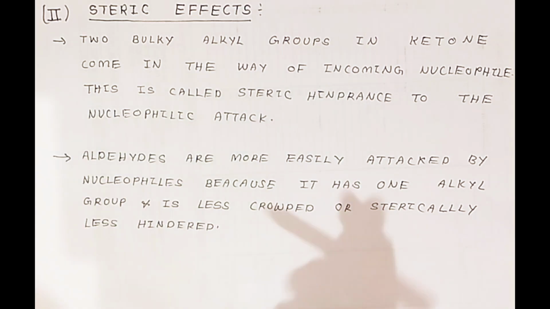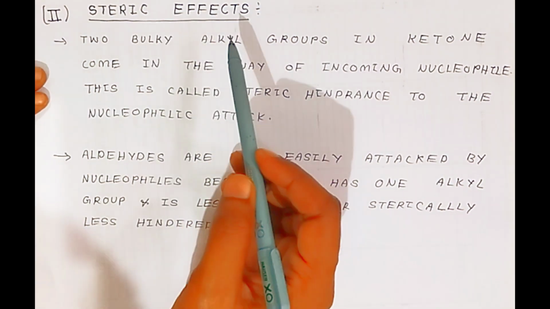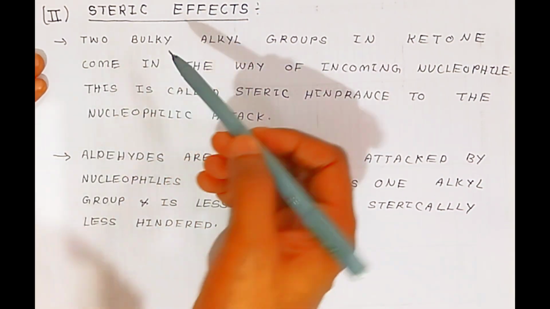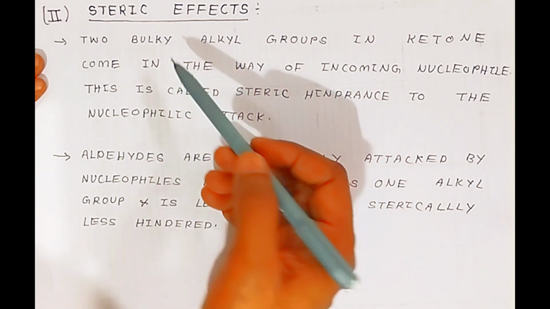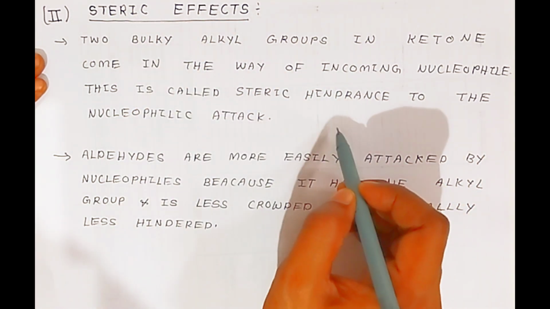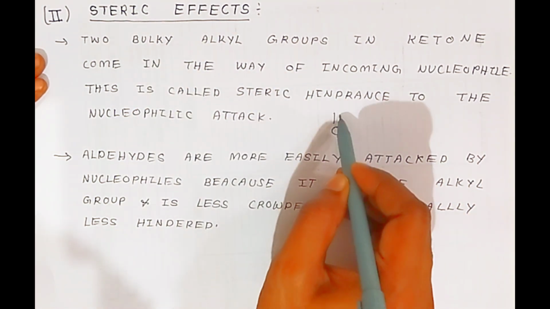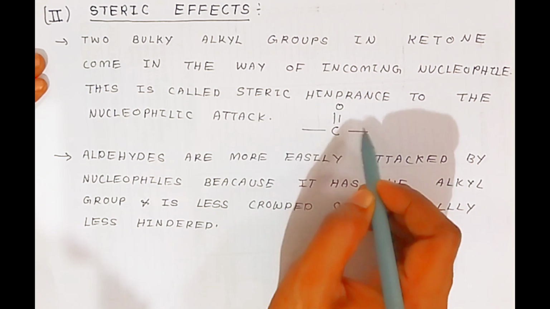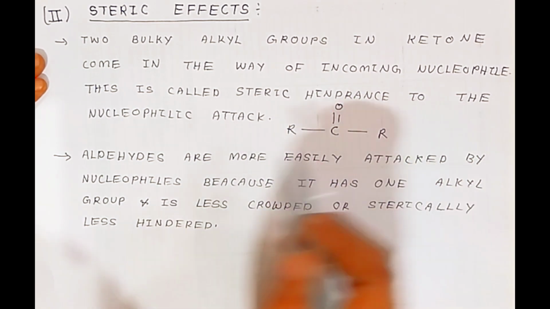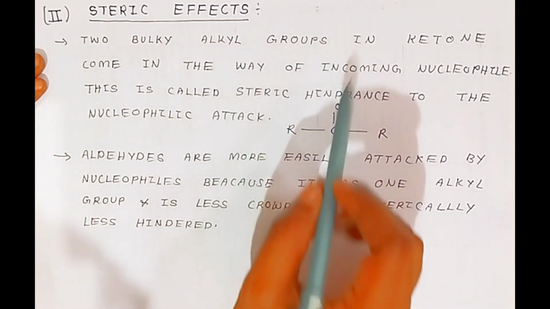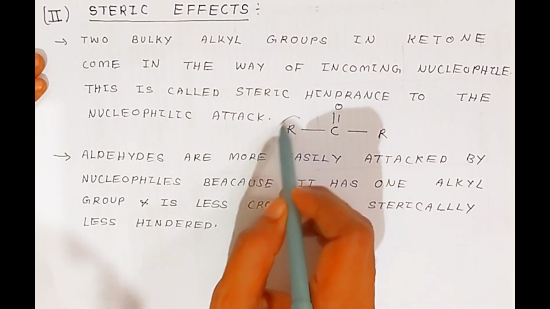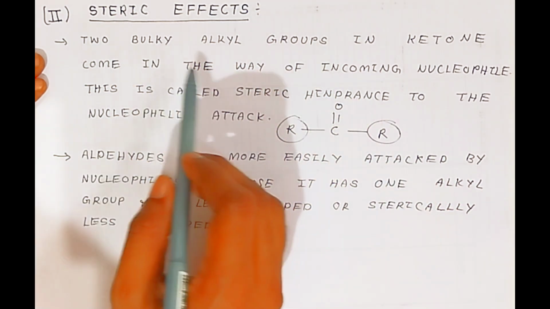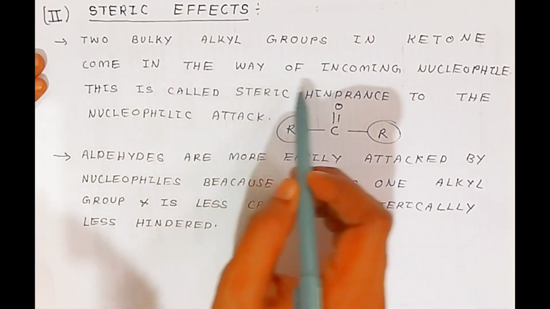Now, students, we are going to see the steric effect. In a ketone, the carbonyl has both valencies occupied by alkyl groups, so there are two bulky alkyl groups. Two bulky alkyl groups in ketones come in the way of the incoming nucleophile.